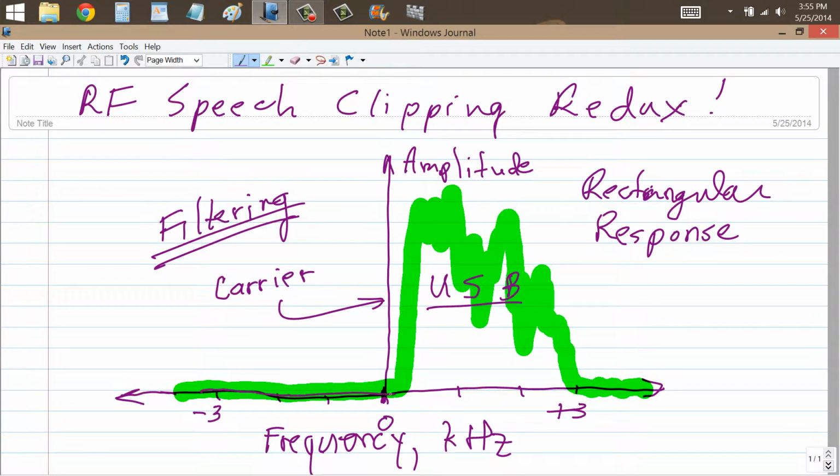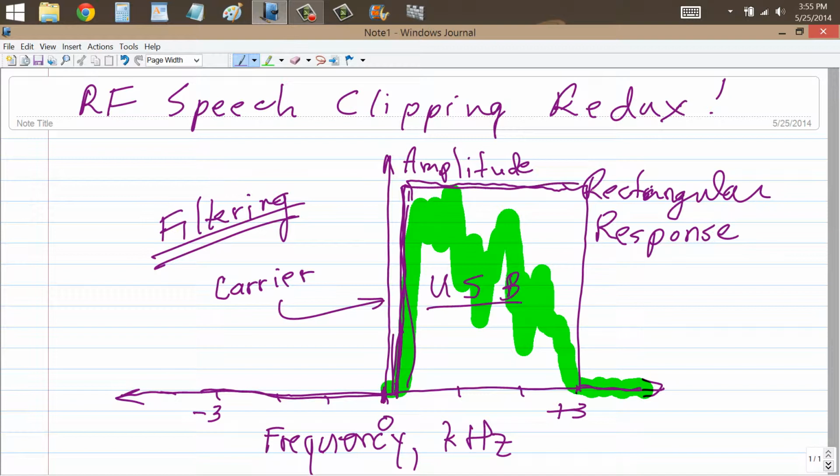In this case, from about 300 hertz above the suppressed carrier frequency to 3,000 hertz above the suppressed carrier frequency, and the ideal filter would therefore have a response that looks something like this, so that it passes this upper sideband energy within the acceptable passband range, but not anywhere else.